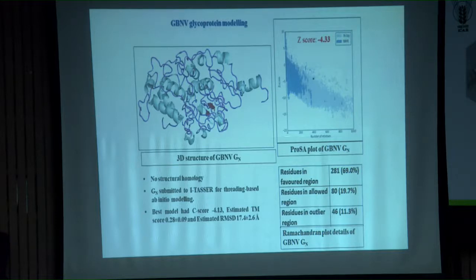This is the best structure we got from the ab initio modeling, and thereafter we refined it using different software, one being molecular dynamics software. These two are the crucial factors: you have to go for PROSA analysis and for Rampage analysis. These two give you the indication of the stability and quality of your structure.